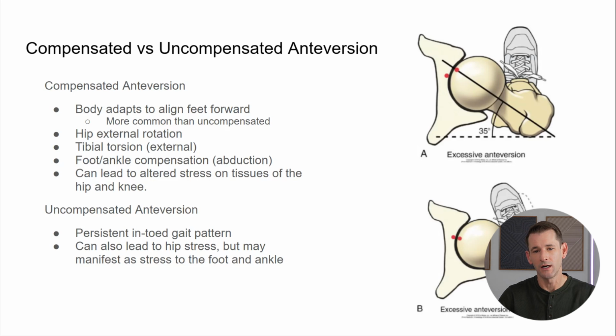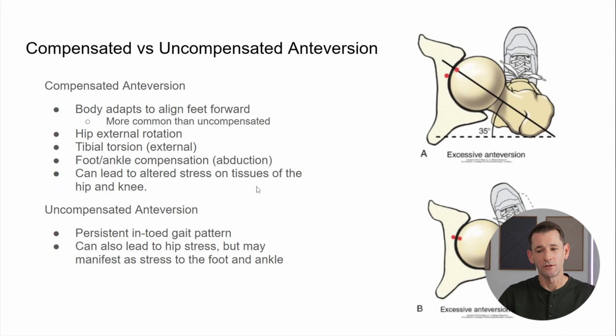This is a fairly common compensation as well. And then at the foot and ankle, they can just do abduction, or pointing the toes out, to compensate for that anteversion. The hip is the most common compensation for anteversion, followed by the tibia, followed by that foot and ankle. So what happens when we have a compensated anteversion?